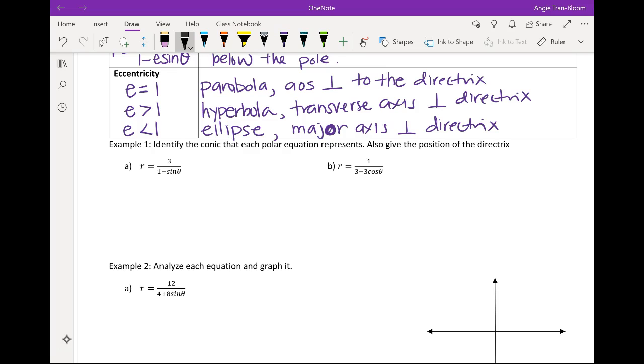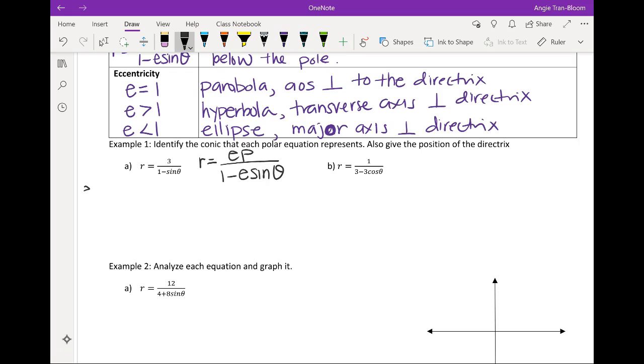The standard format of sine is R equals E times P on the top, 1 minus E times sine of theta. Would you agree that's a standard format of your polar equation?